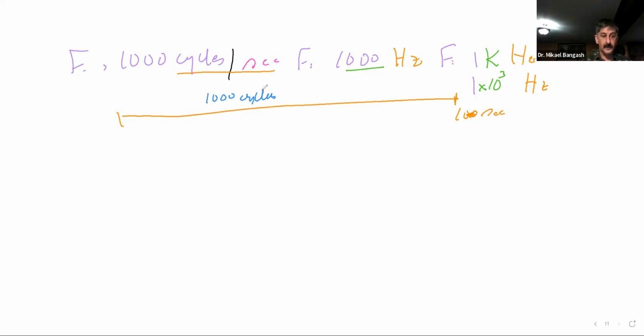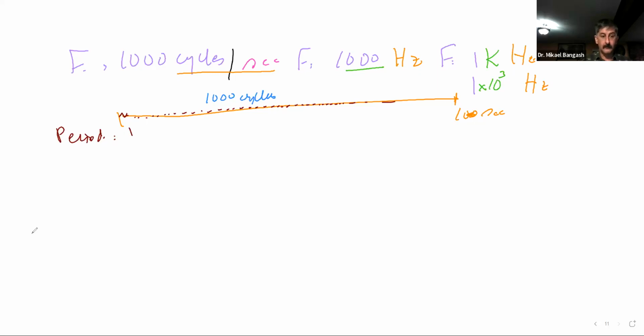Which brings us to the question: what's going to be the period? If you are going to complete 1000 cycles in 1 second, what did we say that period was? It was the time that it takes 1 cycle to complete, right?